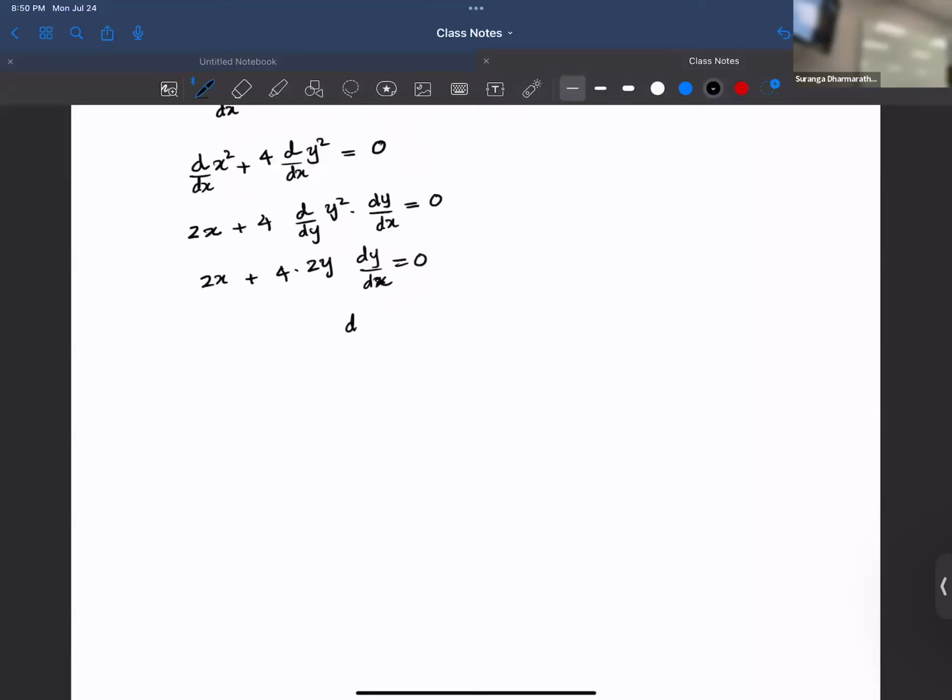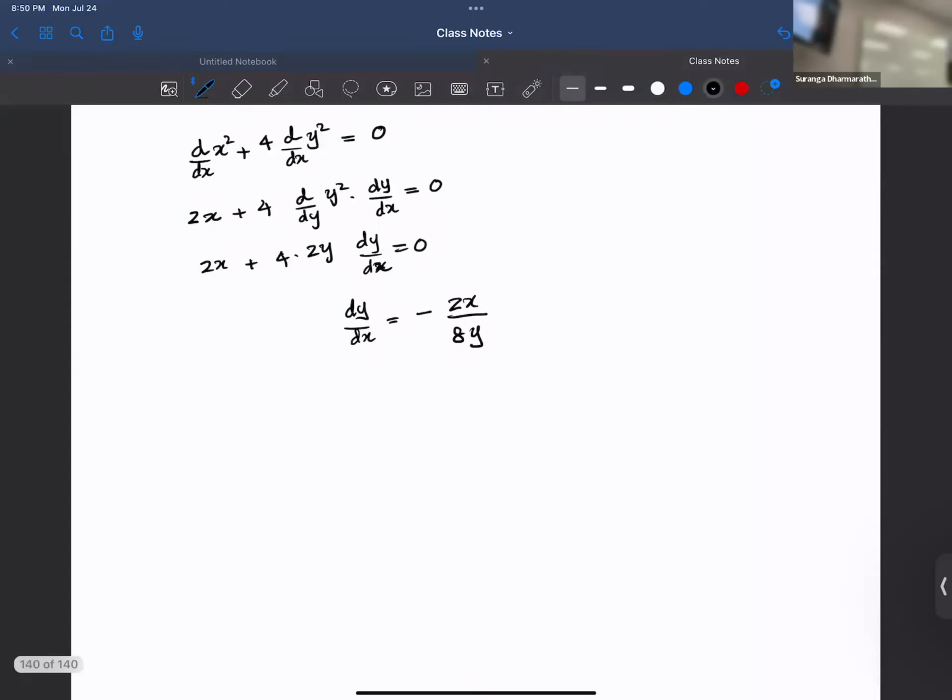So what is dy over dx? Dy over dx is equal to negative 2x divided by 8y, right? So this is negative x over 4y.